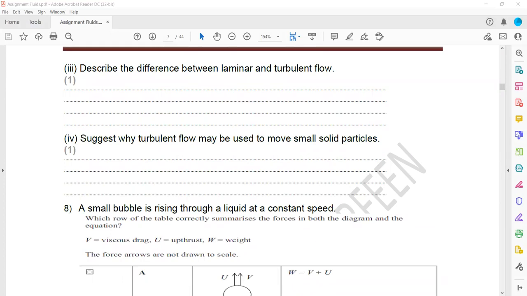So what is the difference between a laminar flow and turbulent flow? In a laminar flow, the particles move for a certain section at a constant speed. They do not move abruptly. No eddies are there.